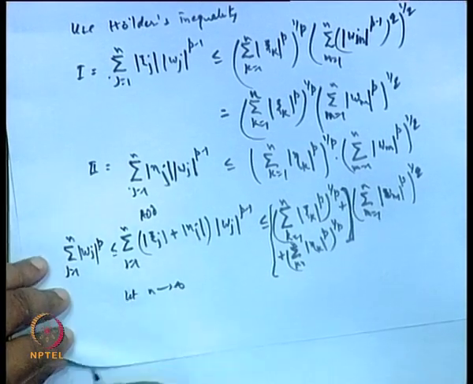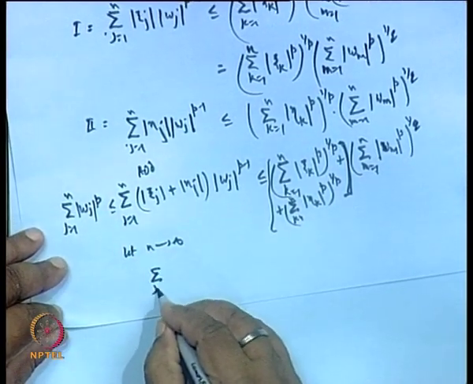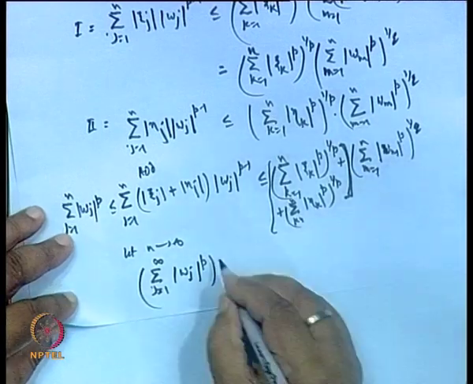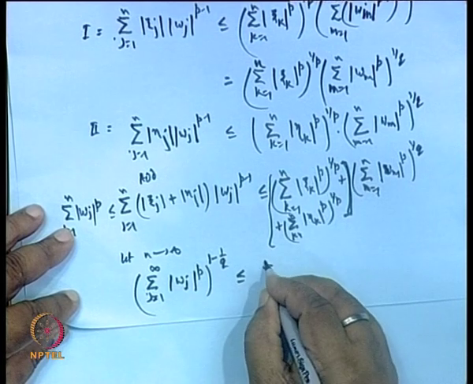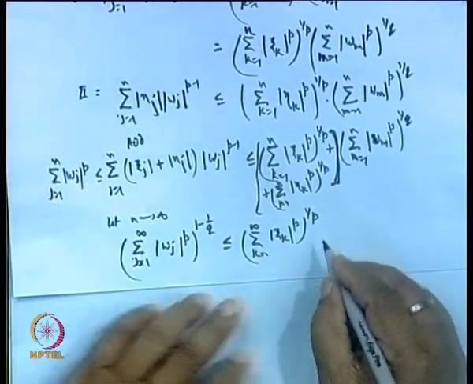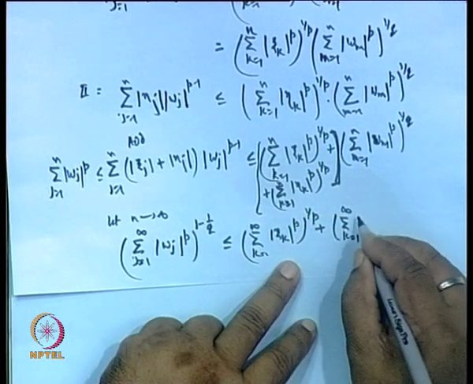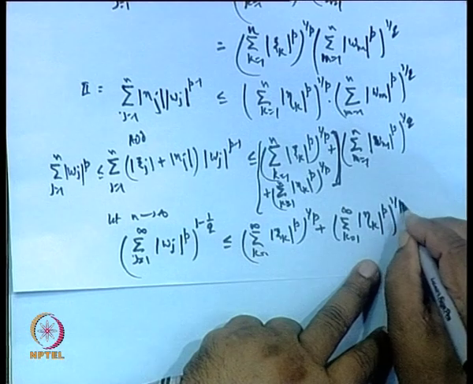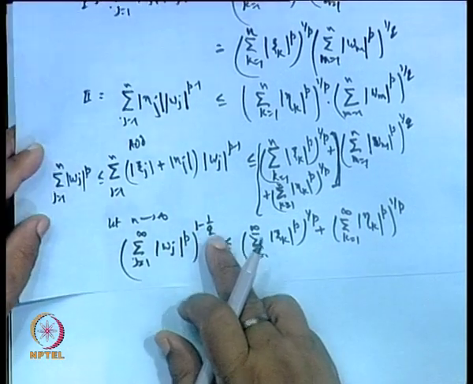When n tends to infinity, the summation will not differ, and we get the sum over j is 1 to infinity of mod w_j power p, and when you divide, 1 minus 1 by q, is less than or equal to the sum over k is 1 to infinity of mod xi_k power p power 1 by p, plus the sum over k is 1 to infinity of mod eta_k power p power 1 by p. But 1 minus 1 by q is 1 by p.